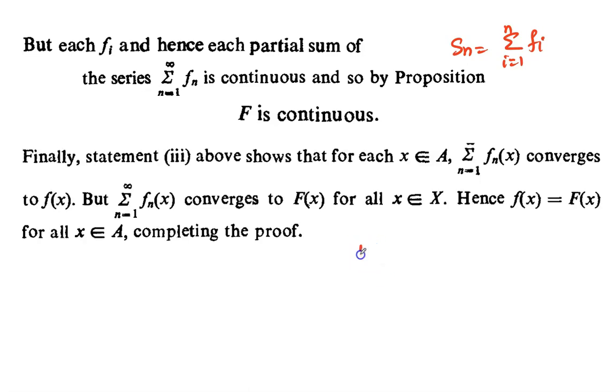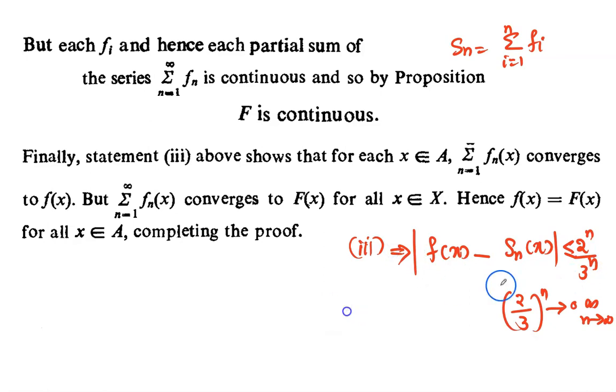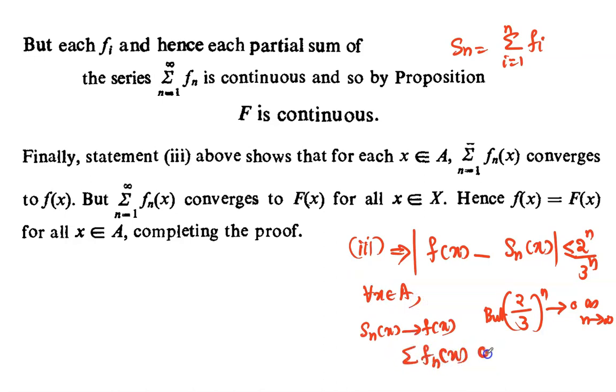From statement 3, we have f of x minus partial sum is bounded by the quantity 2 raised to n by 3 raised to n, but the real number (2/3) raised to n tends to 0 as n tends to infinity, and hence the sequence of partial sums Sn of x will converge to f of x for every x element of A. That is, sigma fn of x will converge to f of x for every x element of A.